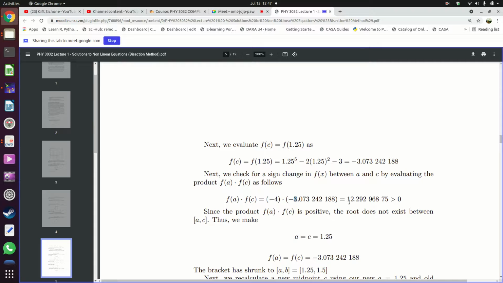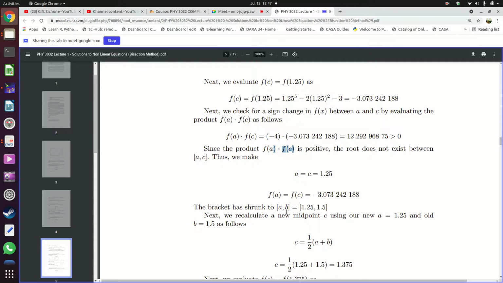You multiply these, you end up with 12.29298675. This is a positive value, greater than 0. Since the product f of A times f of C is now positive, this is telling you that there is no root between A and C.